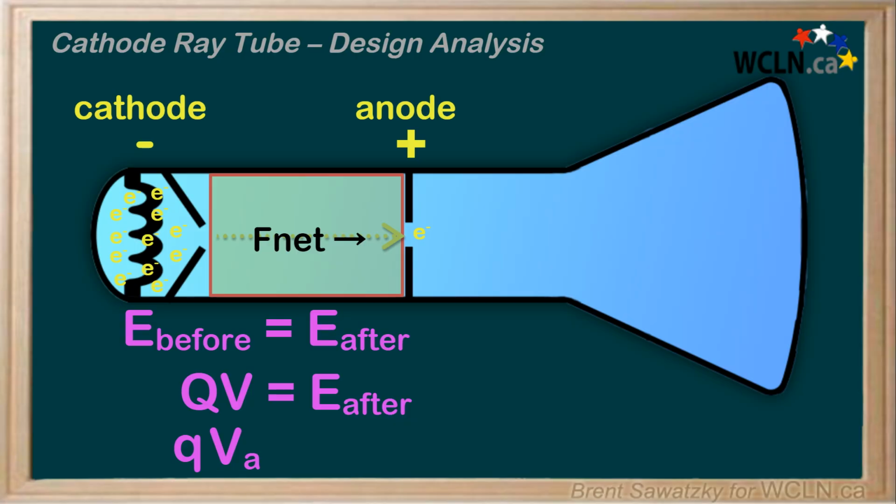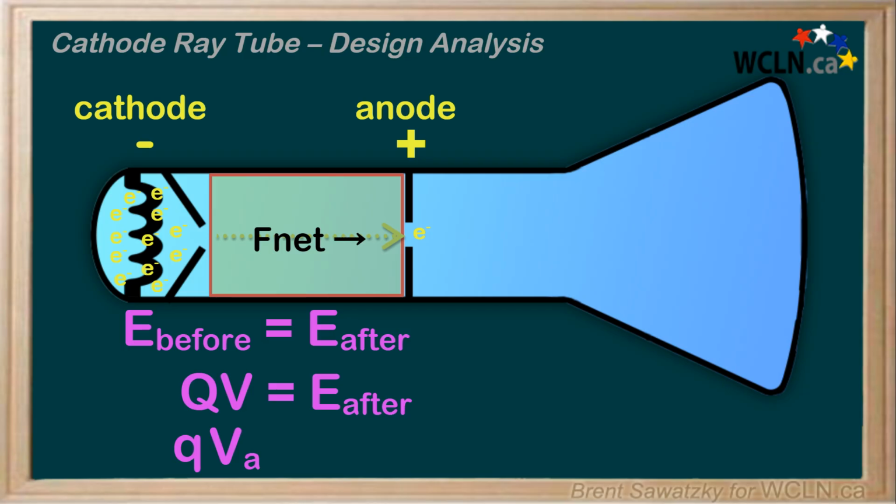Basically, the electrons really want to get away from the cathode, like charges, and towards the anode, unlike charges. And this is the potential energy. And as the electrons move through the accelerating region, they convert the potential energy into kinetic energy, speeding up as they go, until they pass through the anode and out of the accelerating region.